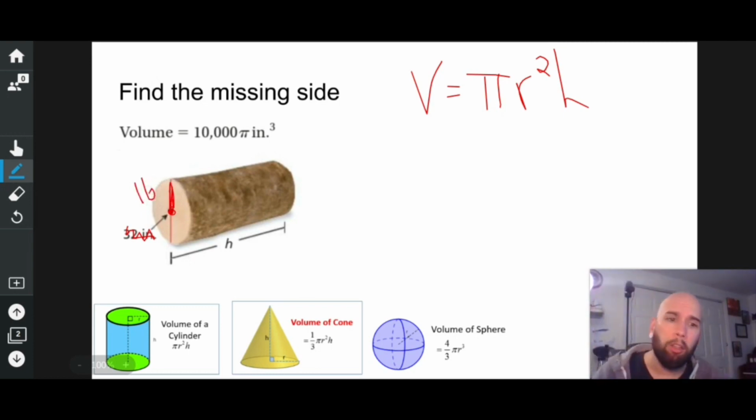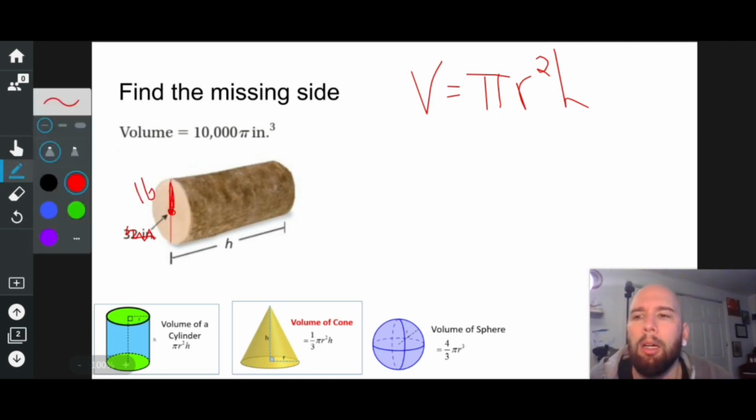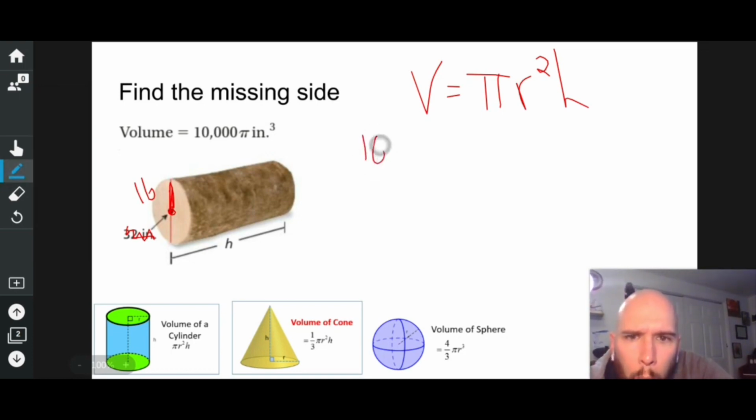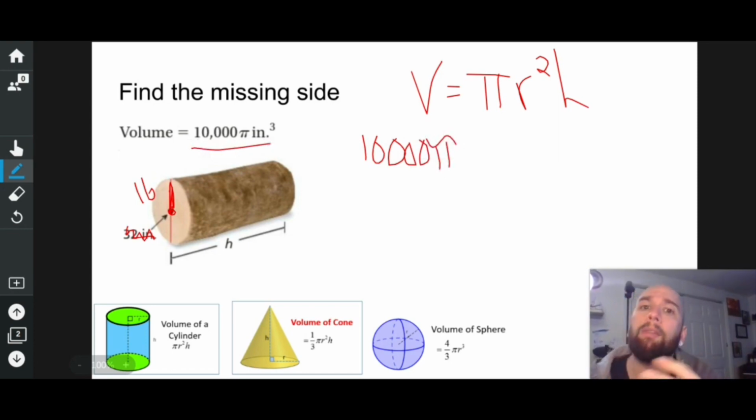I have the volume, which is 10,000 pi. So what I'm doing is plugging in the information that I know. I'm replacing V with 10,000 pi equals pi.